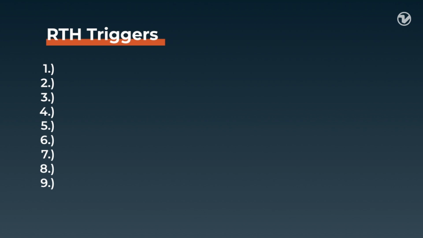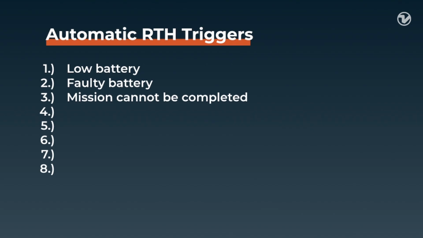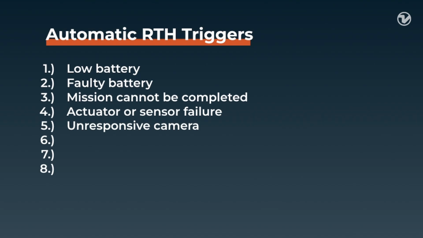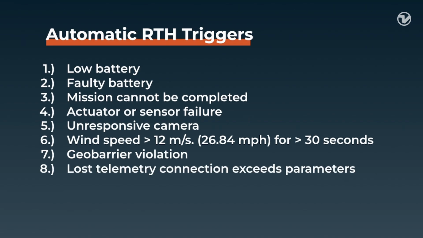8 of these occur automatically from information detected by the system. The 8 automatic RTH triggers include low battery, faulty battery, when the mission cannot be completed, an actuator or sensor failure, an unresponsive camera, when wind speed is above 12 meters per second or 26.84 miles per hour for more than 30 seconds, a geo-barrier violation, or when the telemetry connection is lost for longer than the default 60 seconds or a custom length of time set by the pilot.